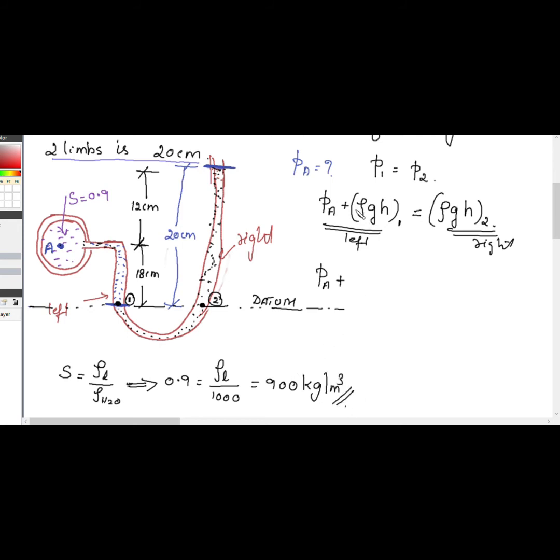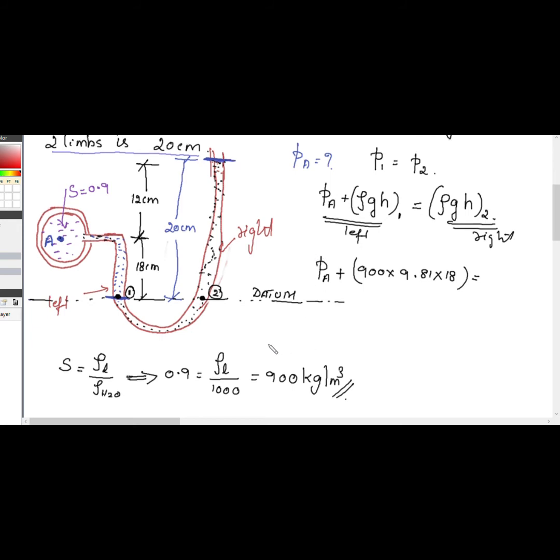Now we will substitute the value for density in the left limb, right? So here it is 900 multiplied by acceleration due to gravity, 9.81, multiplied by the height. Here the height is 18 centimeter. So on the right side, the liquid is mercury.